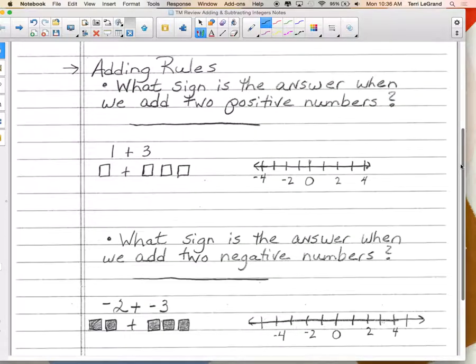This is where we really need to start being able to process what's going on, not just get answers, okay? So adding rules. Here's the first one. What sign is the answer when we add two positive numbers? What sign will our answer be when we add a positive number to another positive number?